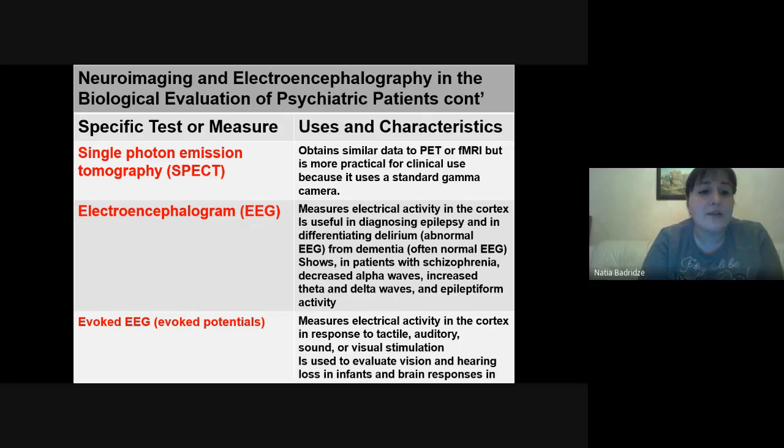So this is another type of measurement procedure. These are the major neuroimaging strategies to evaluate the biological responses of psychiatric patients.